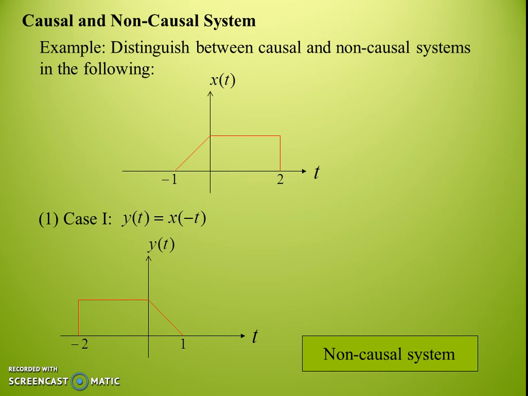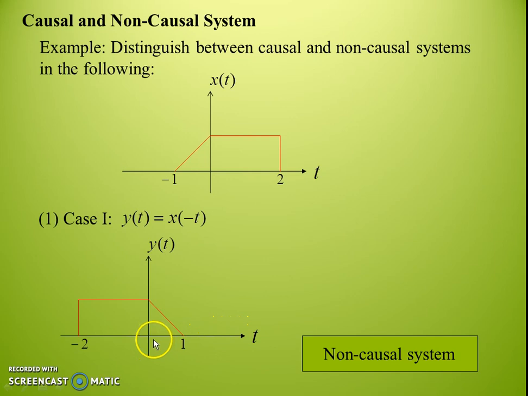A system which possesses causality will be called a causal system, and the other systems will be called non-causal systems. You can see over here there is one input represented as x of t, which varies from -1 to 2. Case 1 is when the output is the reflected version of x of t. We see over here the output is represented from -2 to 1, and according to the definition of causality, it should depend only on the present input and the past inputs.